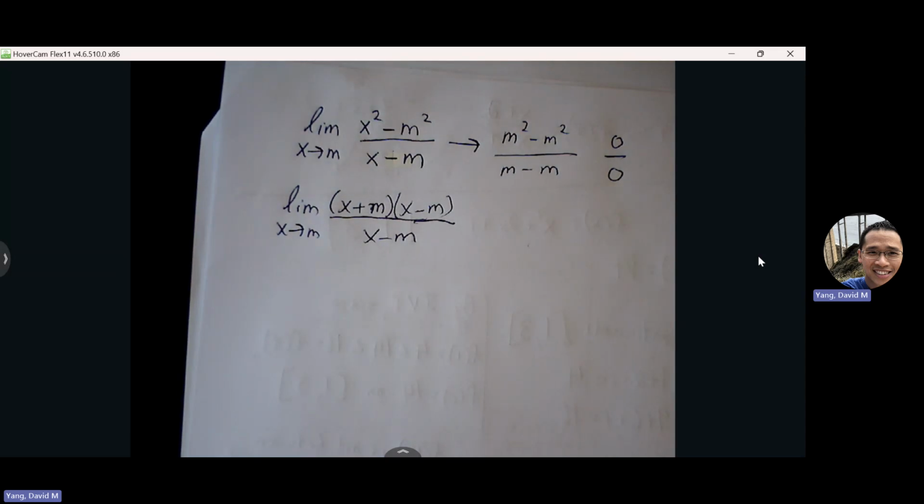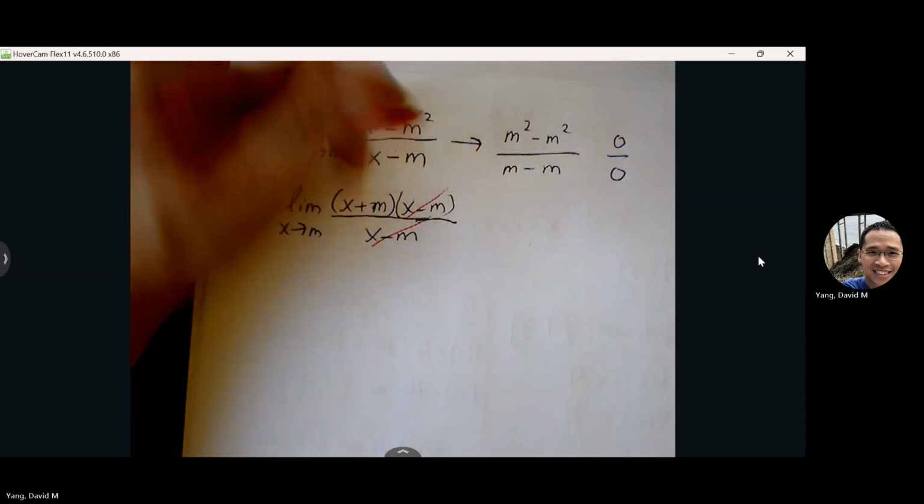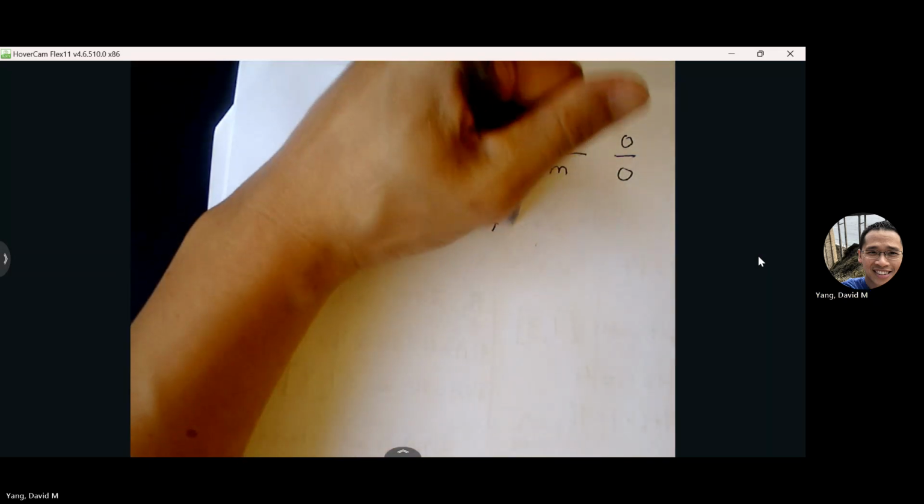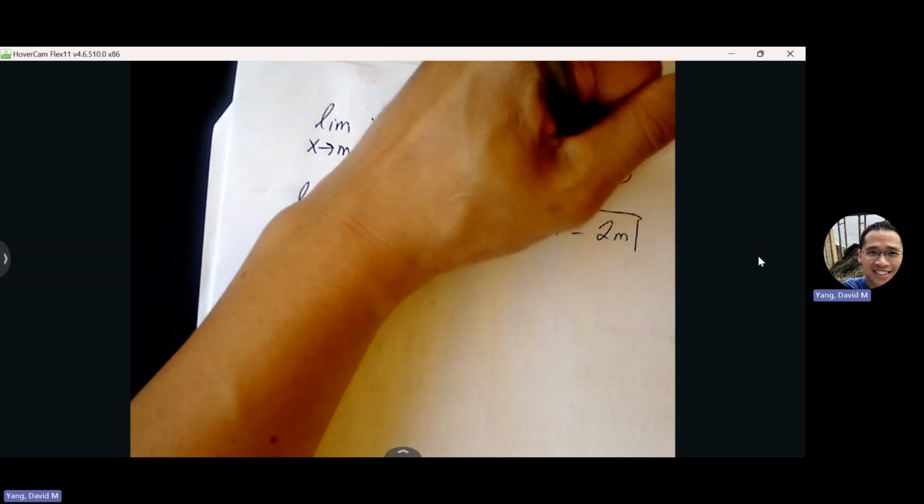Next, final step, replace the remaining x with m. So our limit is just 2m.